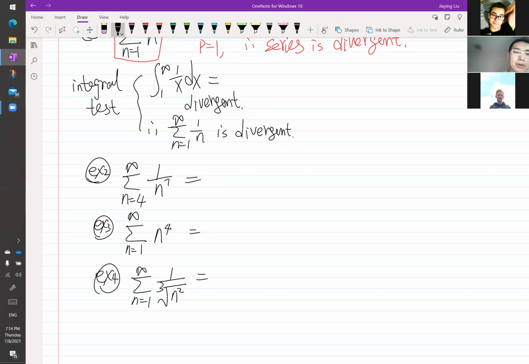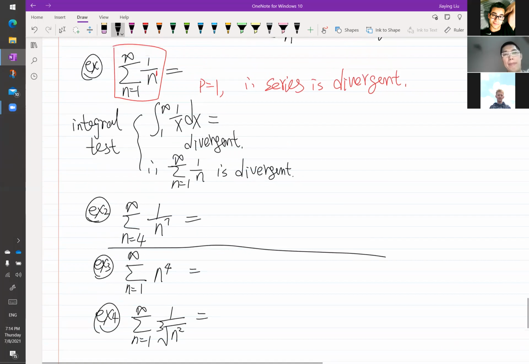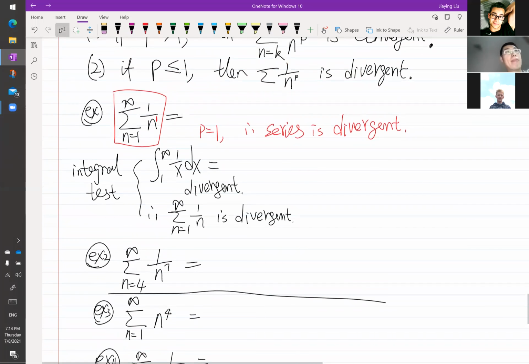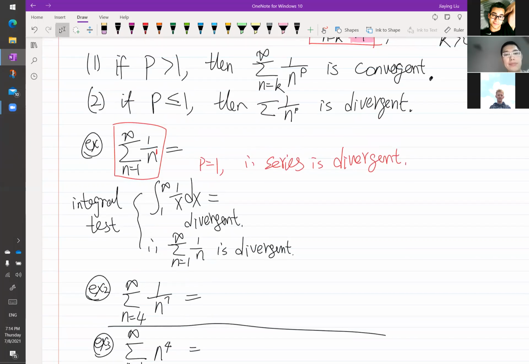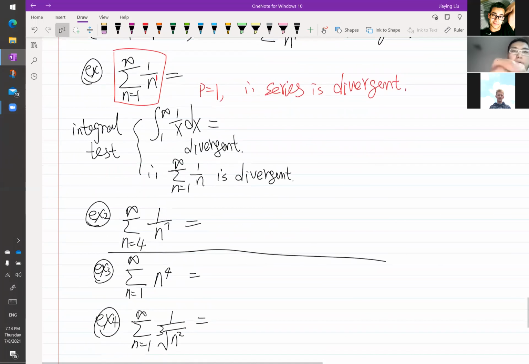The second example, this one. We have 1 over n to the 7th. Is this convergent or divergent? It's convergent, right? So we just see if it's in the correct form.